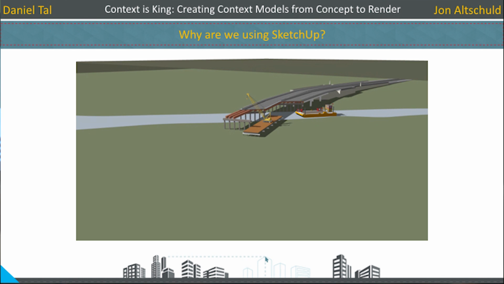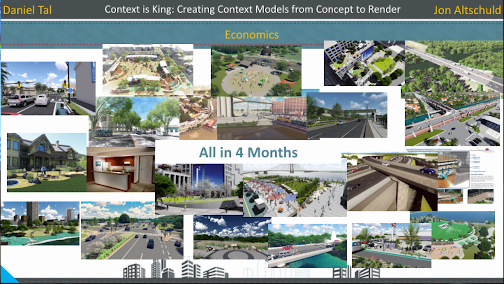Especially for me, doing 4D construction sequencing is really key to explain to people exactly what you're doing and why you're doing it. So, Justin in the back can attest to this. Sorry, Justin. But the amount of work we're able to produce or asked to produce is large volume, large quantity. We've discovered that our firm doesn't fully understand our process, which is okay.